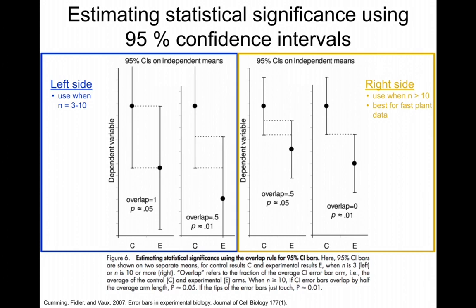If we focus just on the right side of this figure, we can see that there are two different graphs. Each graph has a C and an E on the x-axis. The C corresponds to the control, and the E corresponds to the experimental treatment. And above those, on the x-axis, we can see 2 points with error bars around that point.